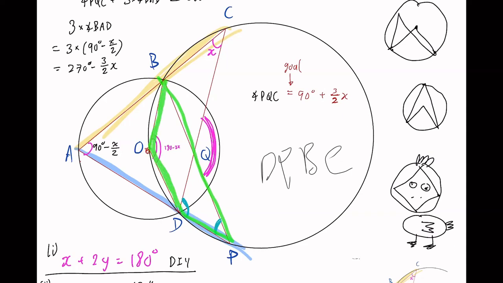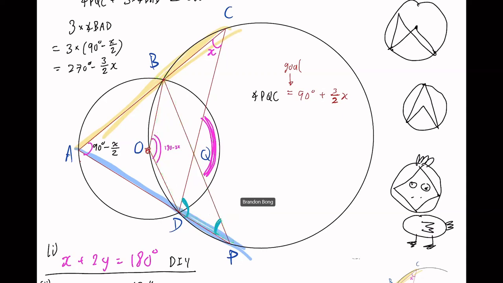This shape here, cyclic quadrilateral. Then angles in what segment? Same segment? Opposite segment. So opposite this one will be 2x. Exactly, very good. If this is 180 minus 2x, so opposite it must be 2x. Very good. Almost there. Almost there.